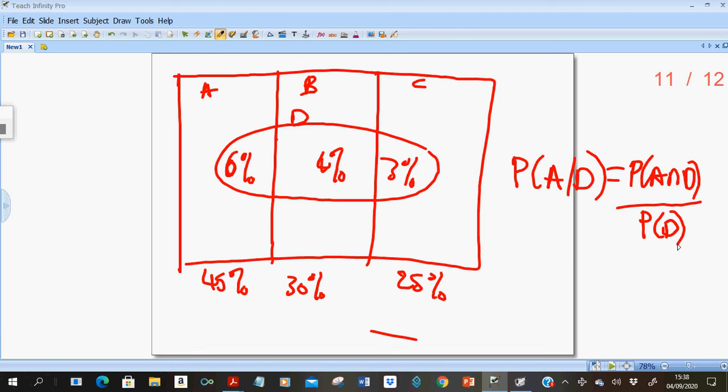Okay, so maybe let me just take out these numbers so that it creates some space.